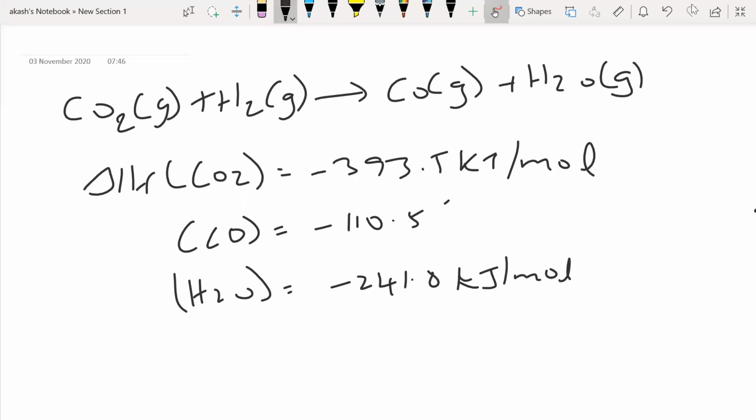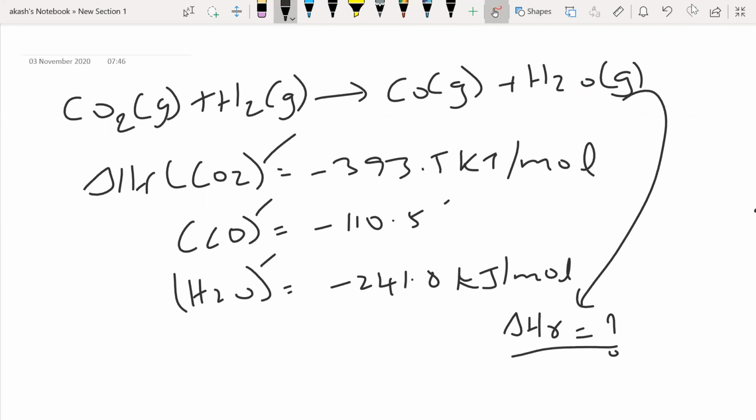And they want you to find the delta Hr for this reaction. So CO2 plus H2 gives CO plus H2O, right? They have given the enthalpies of formation of CO2, CO, and H2O. They want to find the overall enthalpy for this reaction. Go for it. Tell me the answer.